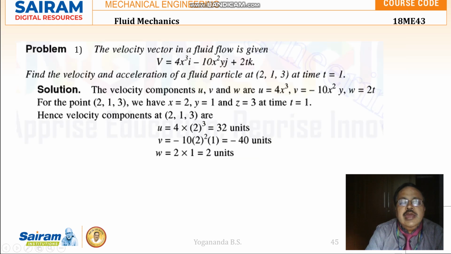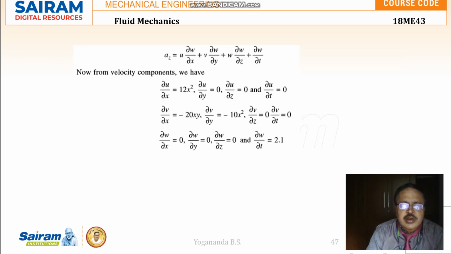Now we have v. So v is minus 10x square y. We have both x and y there, so differentiating v with respect to x and with respect to y, we have the derivatives like this, but we don't have z and t in the v equation. So del v by del z is 0, del v by del t is 0.